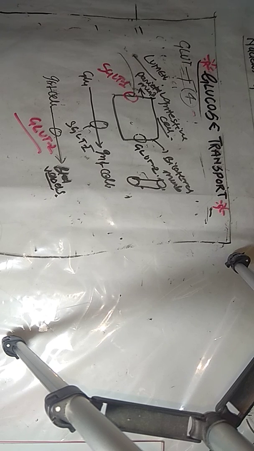So these are the main ways how glucose is transported within the cell.